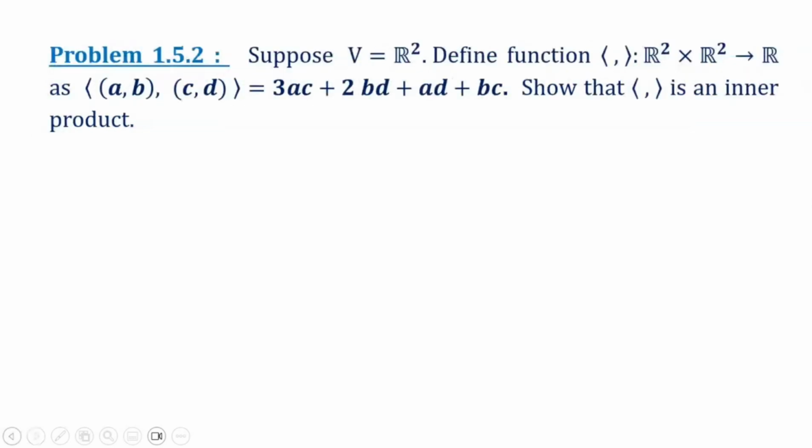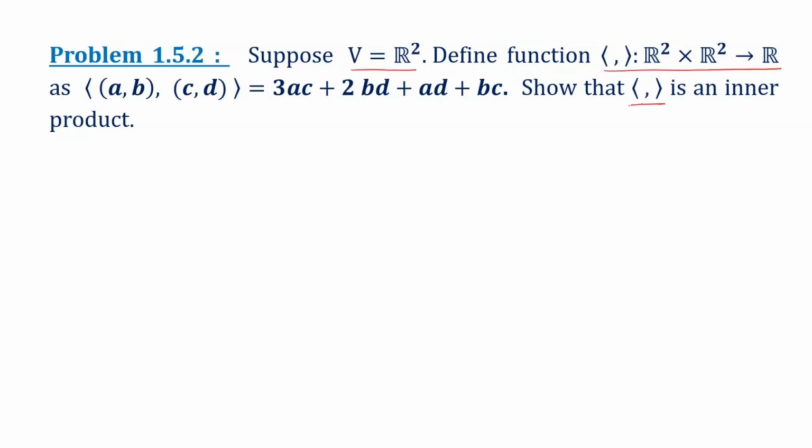Okay, now we have one example or problem. Let V equal R2 and the function be defined as ((a, b), (c, d)) equals 3ac plus 2bd plus ad plus bc.